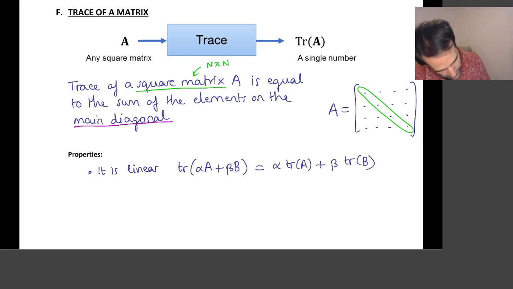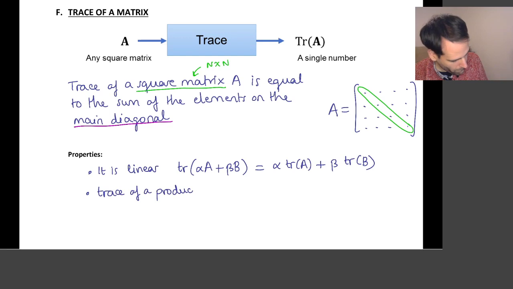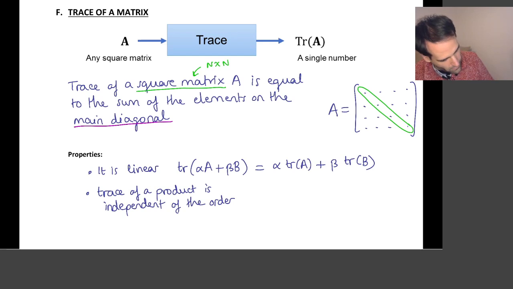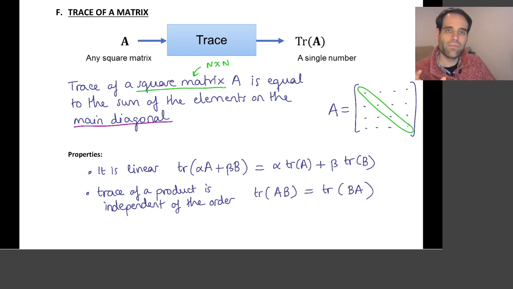Another property is that the trace of a product is independent of the order, which means that the trace of A times B is equal to the trace of B times A, even if A times B is not the same matrix as B times A, but they have the same trace.